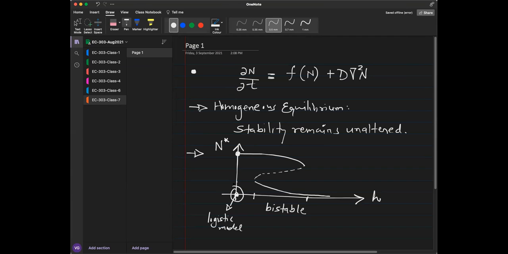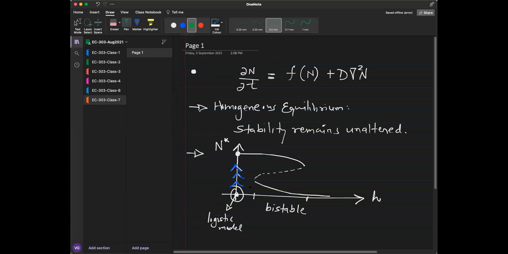Okay, so any smallest perturbation you make in space makes the system flow towards the homogeneous carrying capacity equilibrium. Which means even if the entire space was extinct, a small perturbation anywhere you make in the space gives rise to this. And that will continue to be true in this range up to this value.